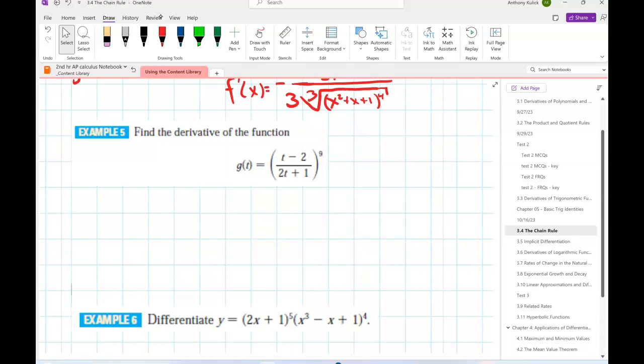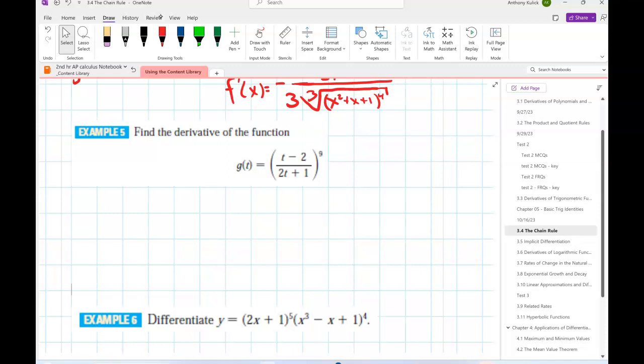Is there any sneaky algebra nonsense Mr. Kulik can pull to get away with not having to do both of those? Yes. So here's the option. We can do a quotient inside of a chain, which is what I would do. There's not another good option. Or you could turn this into 2 chains and a product.